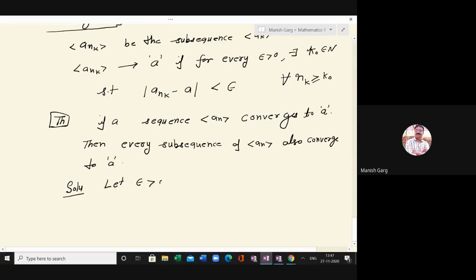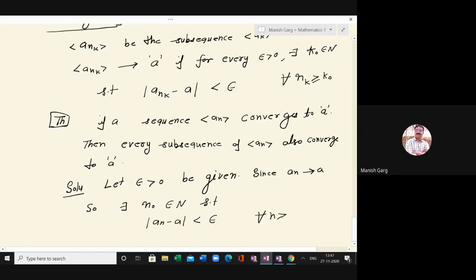Let epsilon greater than 0 be given. Since a_n converges to a, there exists n naught, an element of N, such that |a_n minus a| is less than epsilon for all n greater than n naught.